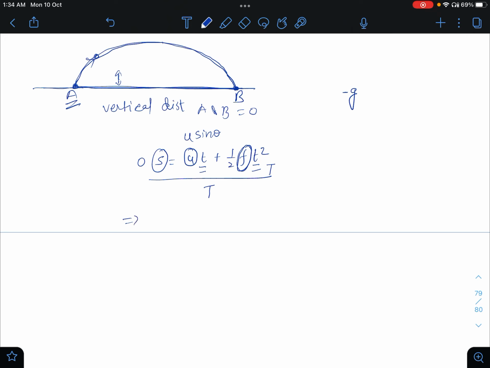This implies 0 is equal to u sin theta into t minus 1 by 2 g t squared.